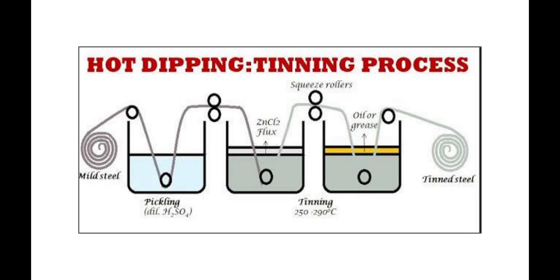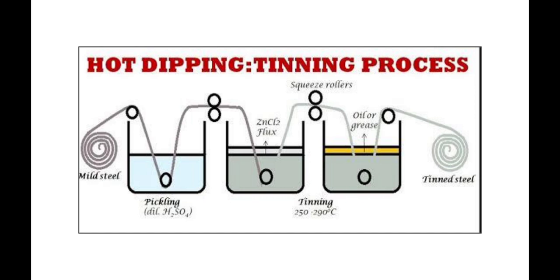The working principle of hot dipping is forming a transition layer of varying composition. Next to the substrate are normally intermetallic compounds of the two metals, and at the exterior are solid solutions consisting predominantly of the coating metal.